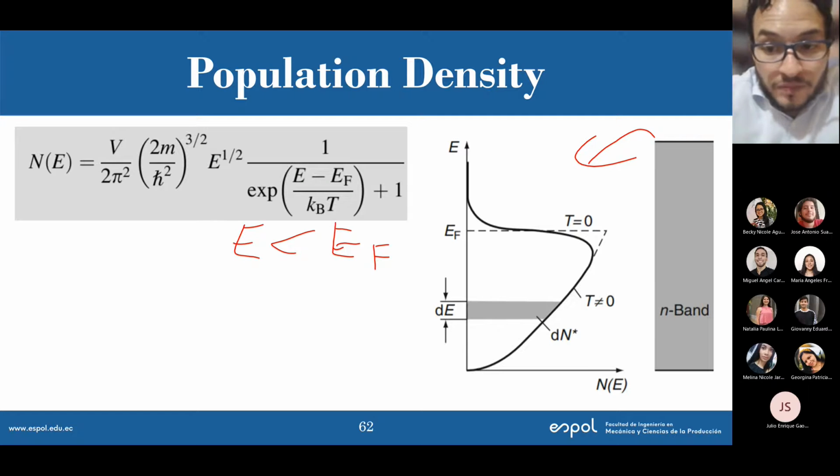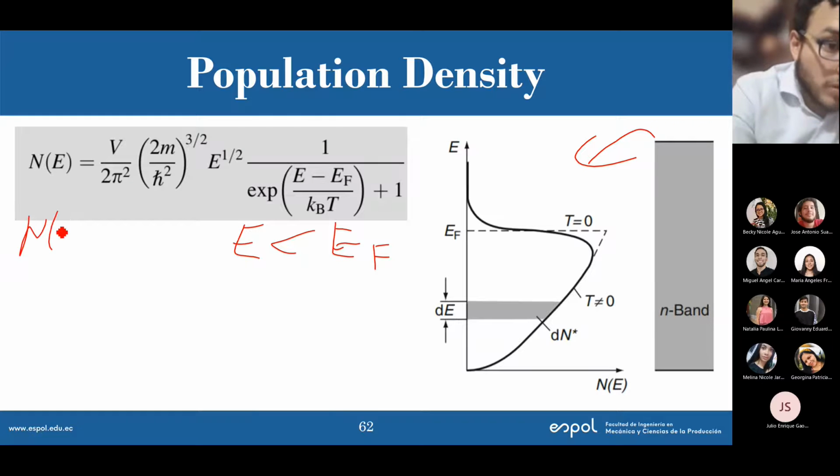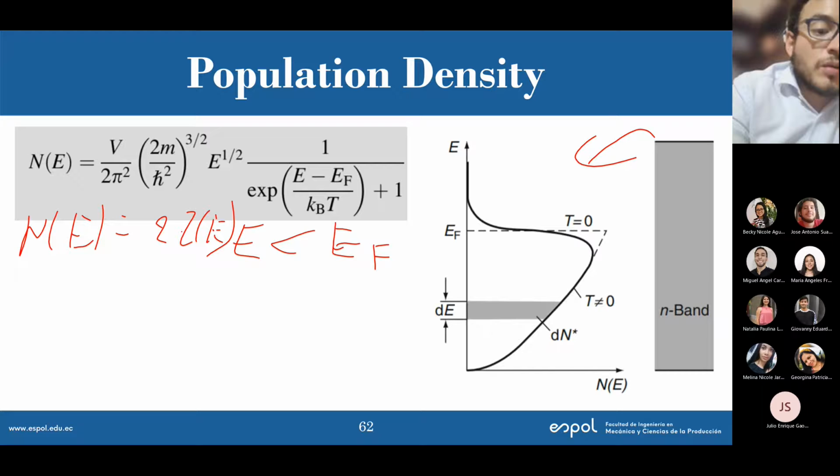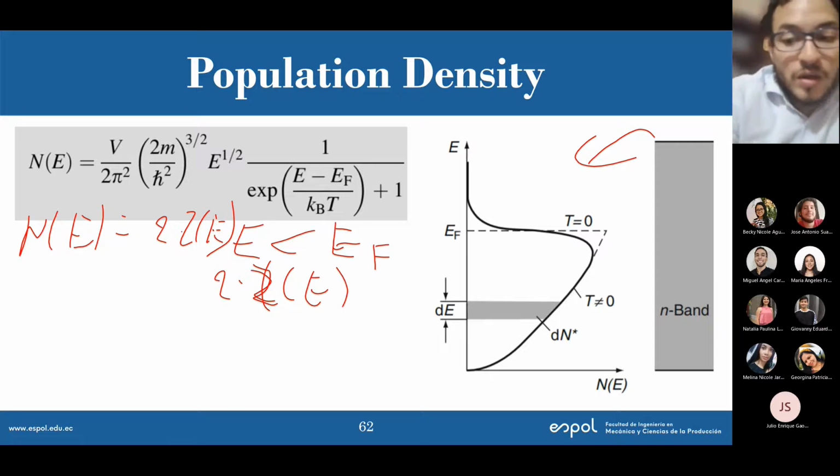N of E becomes what? 2 times Z of E. Why?